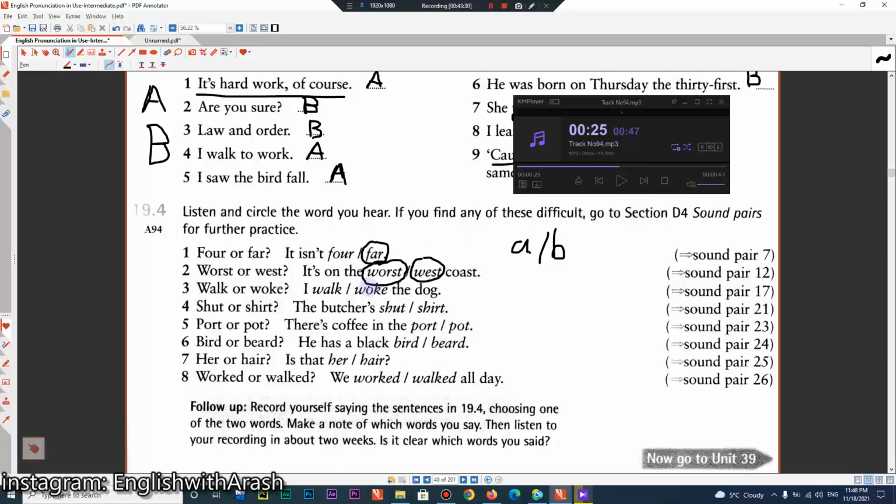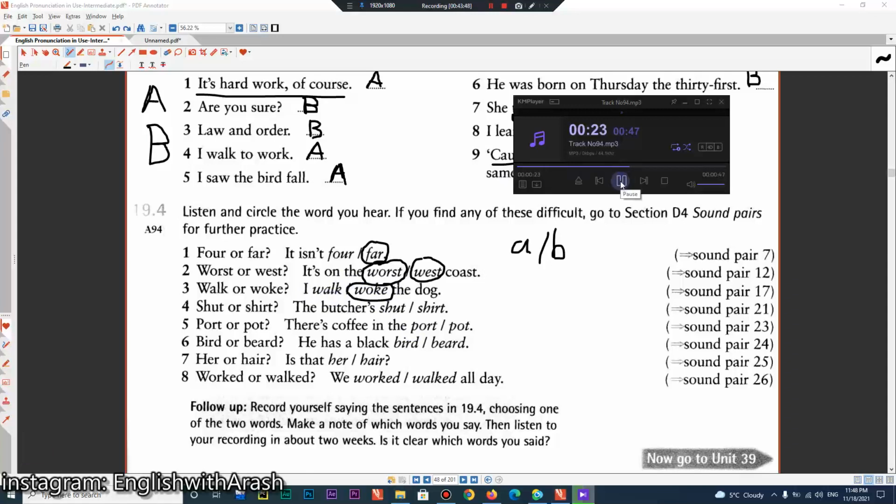People are saying B, so I'll choose B. Woke the dog. But remember, in British it can also be this one. I woke the dog. That's the problem with British.